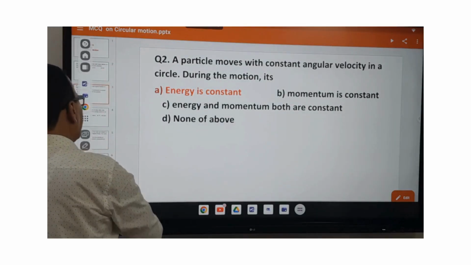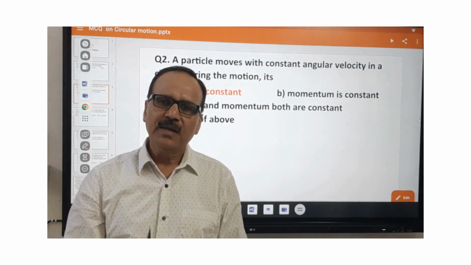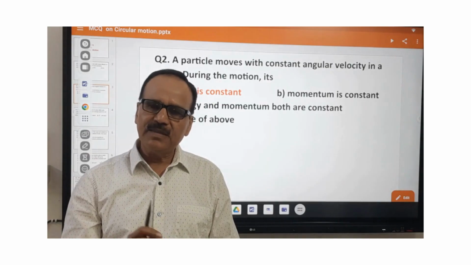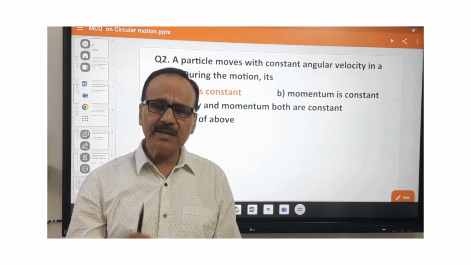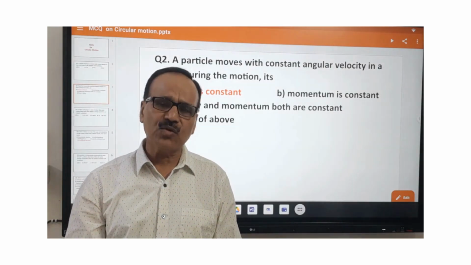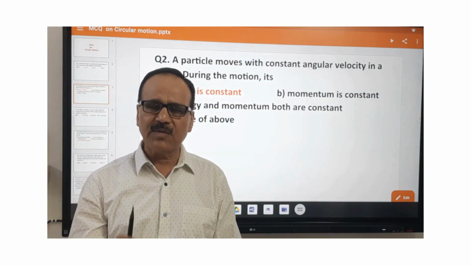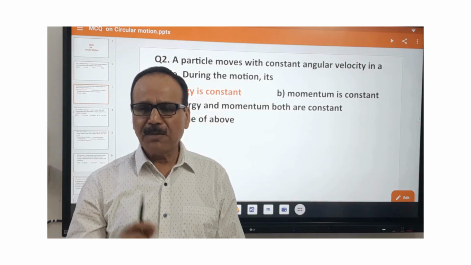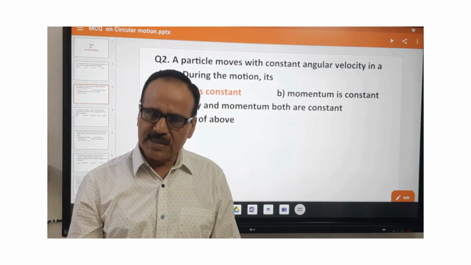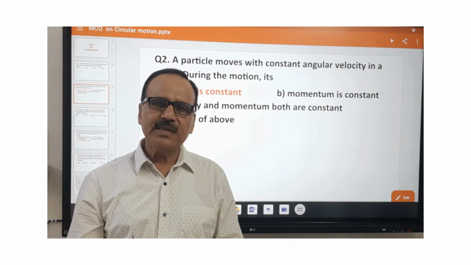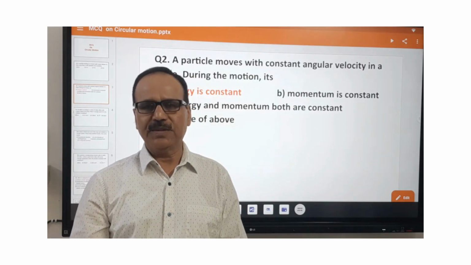As we know, in uniform circular motion, angular velocity is constant, and the magnitude of linear velocity is also constant. The direction of the velocity keeps on changing. So the magnitude of velocity remains constant in uniform circular motion.